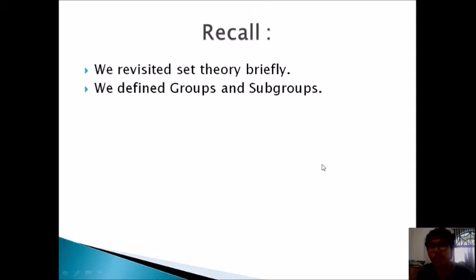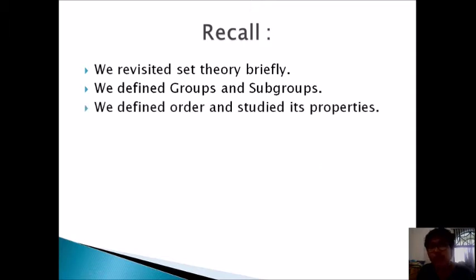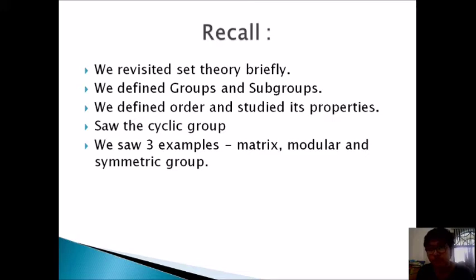We defined groups and subgroups and dealt with them. We defined order and studied its properties. We saw the cyclic subgroup or the cyclic group in general. We saw three examples: the example of matrices, the example of modular arithmetic, and the example of symmetric group.